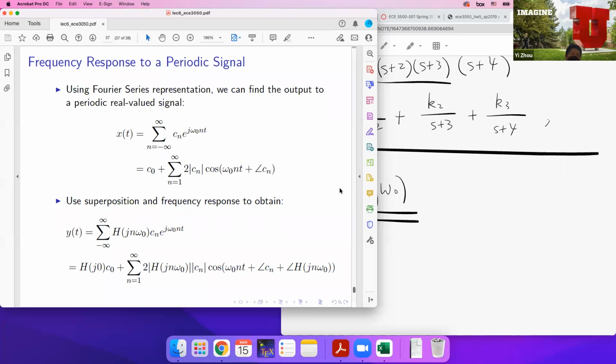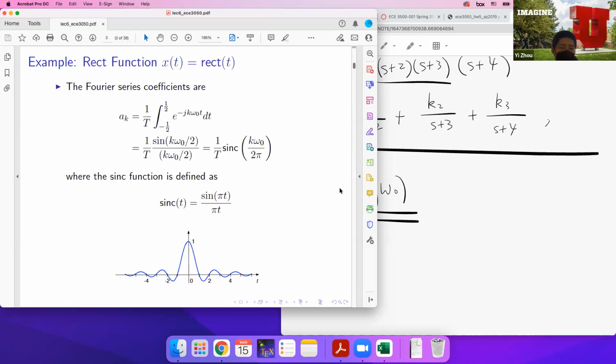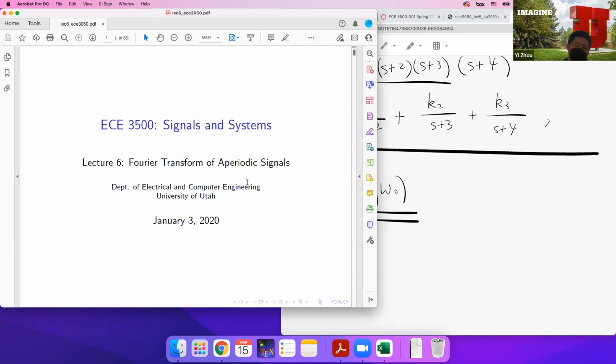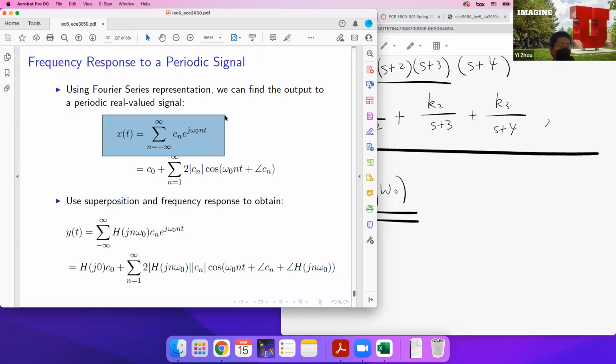So here, I think the idea is to show that when we introduce Fourier transform, if you look at the title of this lecture, it is for aperiodic signals, right? But it turns out that for periodic signals, we can still analyze the corresponding output using Fourier transform. We just need to first decompose the signals into Fourier series.